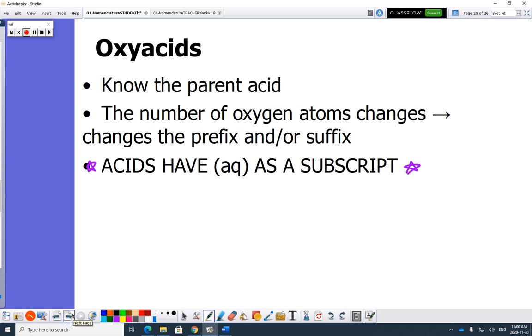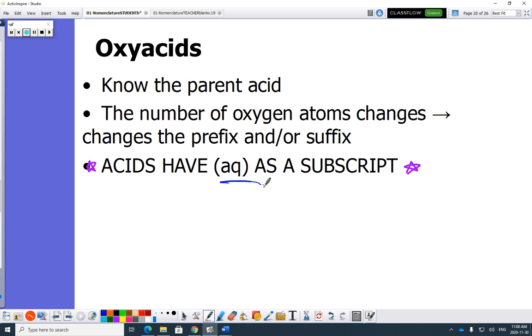So let's make some acids. Now, again, depending on your grade 10 teacher, you might have talked a little bit about this. When you are expected to name something as an acid, if you do the textbook work, they're going to use AQ as the subscript. I think on the worksheet, it says write the formula for the acid.